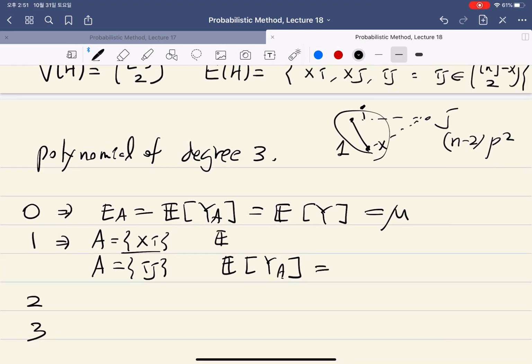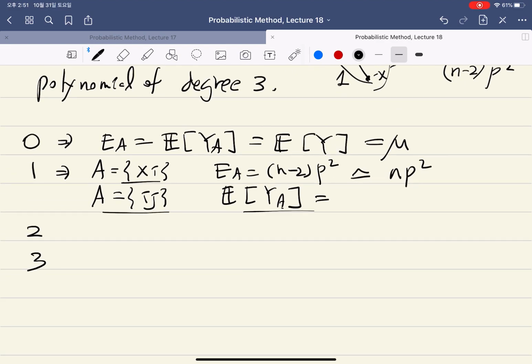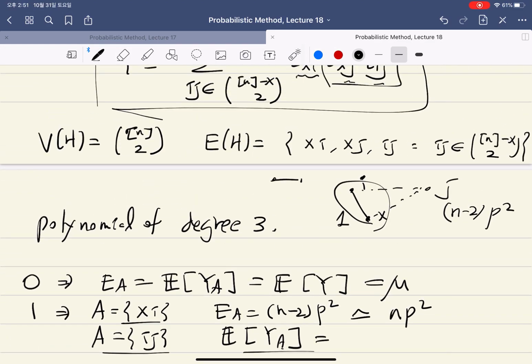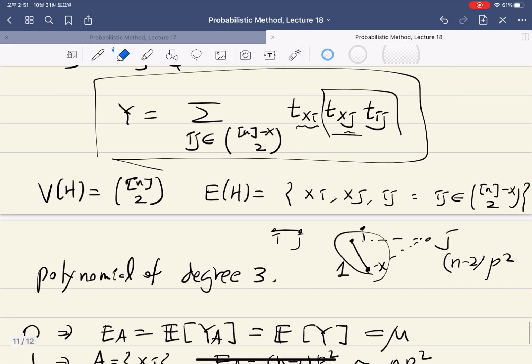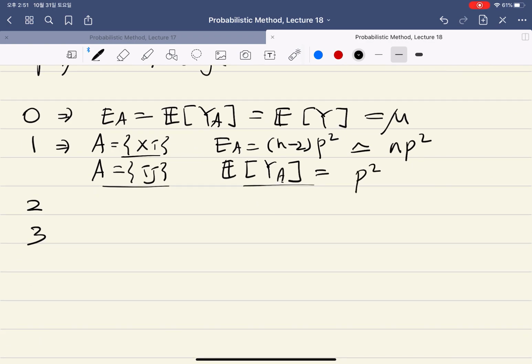So n minus 2 times p squared, roughly n p squared. And if this is ij, then there is only one term which contains ij, so the expectation is p squared, which is small.